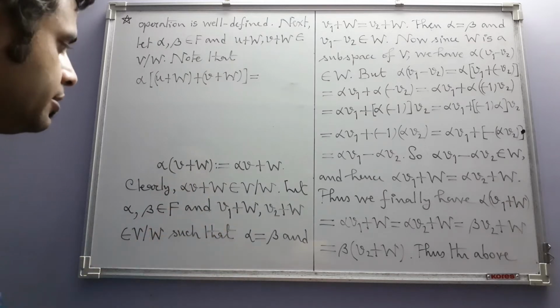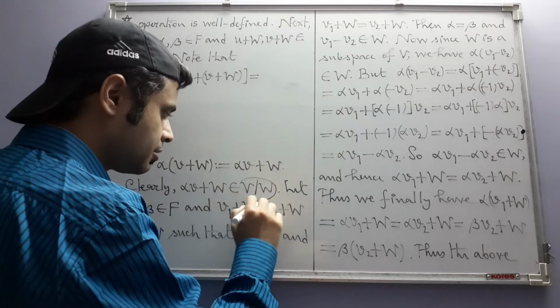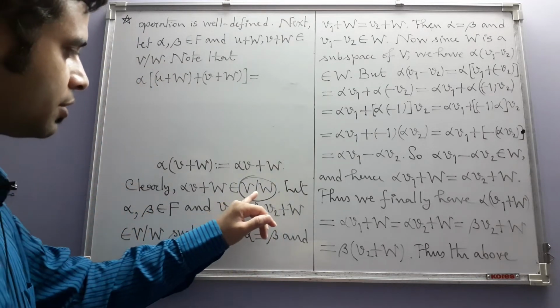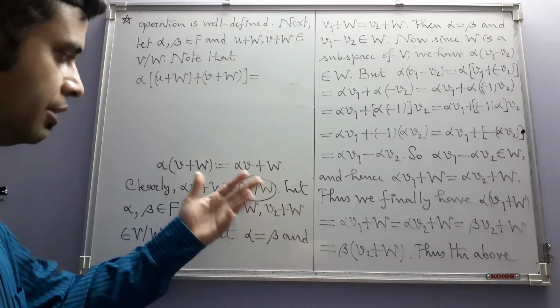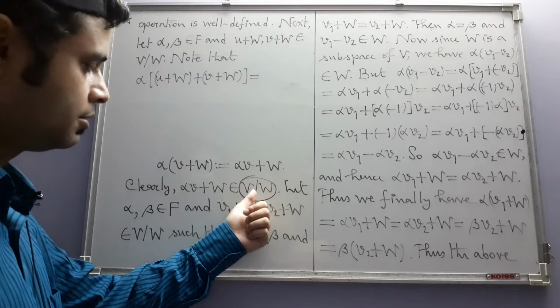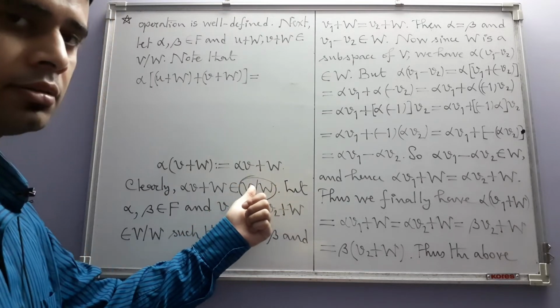This addition is the binary operation in the group V by W, which is coming from group theory when we are considering V as an additive group, W as a subgroup, and getting this quotient.